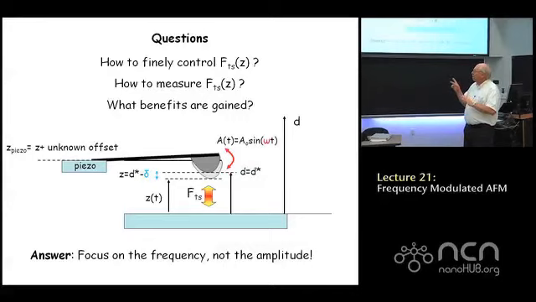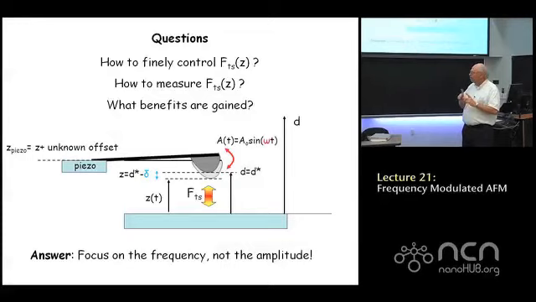Today, and in the next two lectures, instead of focusing on A0, we're going to focus on the frequency omega that the cantilever oscillates, and we're going to start to ask questions about how the frequency of oscillation changes as you bring the cantilever close to the substrate. Right?